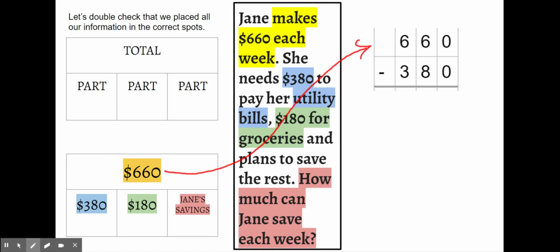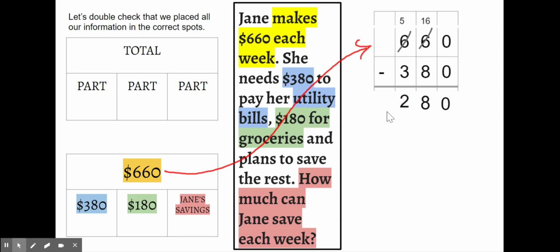So we use our 660, that was our total, and we took away 380. 0 minus 0 was 0. 6, we can't take away 8 from 6, so we have to borrow. That 6 becomes a 5 because it gave 1 over to the 6 and became 16. 16 minus 8 is 8. 5 minus 3 is 2.